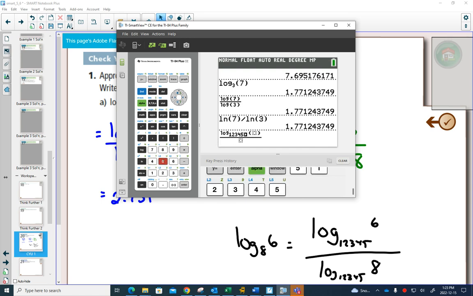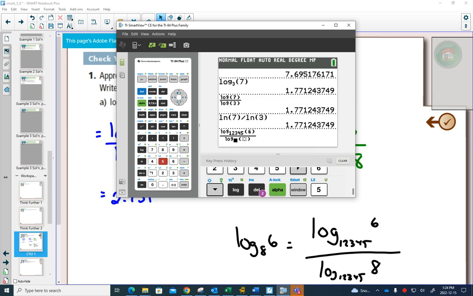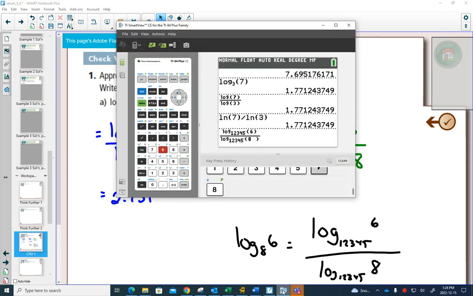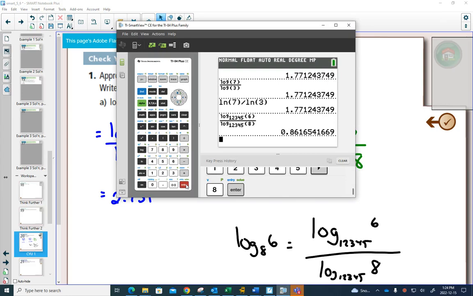Log base 12345 of 6. Maybe this even crashed the calculator. We're going to find out if the calculator can even figure this out. Ready? Push enter. Did it come out to the same number?